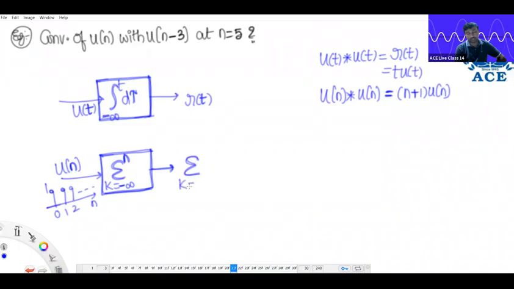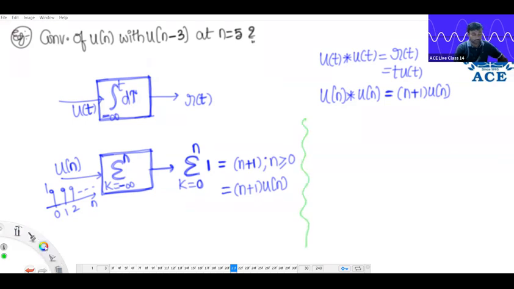So sigma k equals 0 to n of 1, which is 1 added n plus 1 times. 0 to n means a total of n plus 1 samples. Because this answer exists for positive index, we can write it as n plus 1 times u(n).